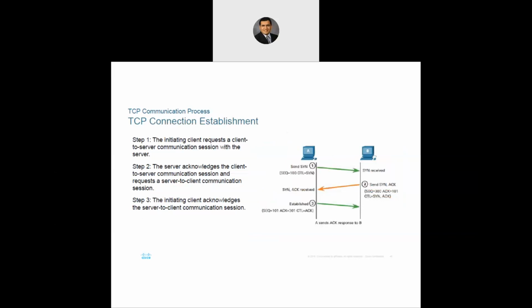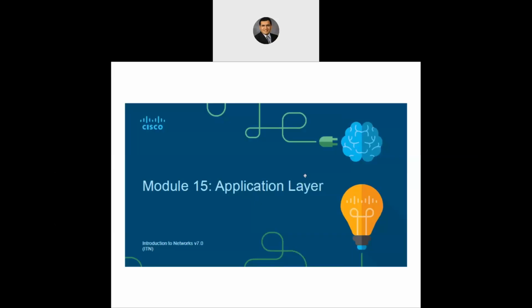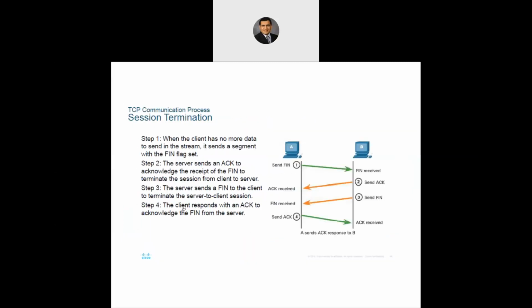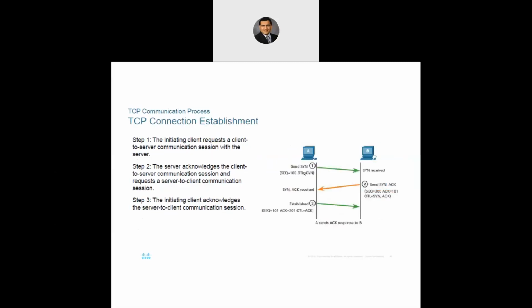Now, how does a TCP connection happen? Three steps. In step 1, the initiating client sends a SYN message. What does SYN signify? A synchronize message. So a SYN message is sent from the sender to the destination.